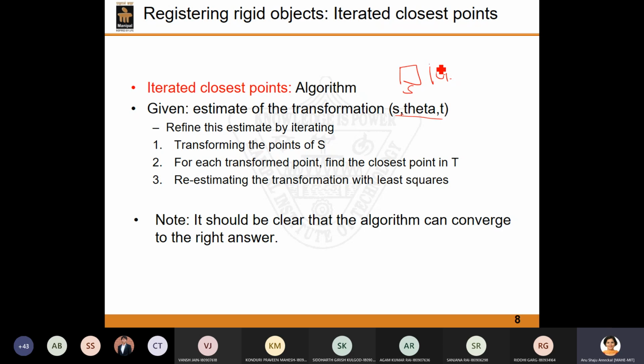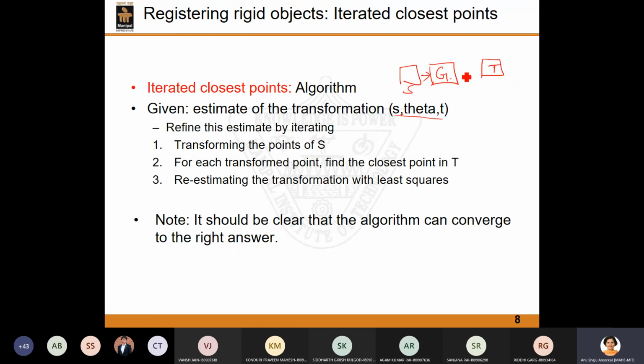We first transform all the points in S to G using this initial estimate, and we try to find the correspondence between each of the points in G with respect to the points in T.